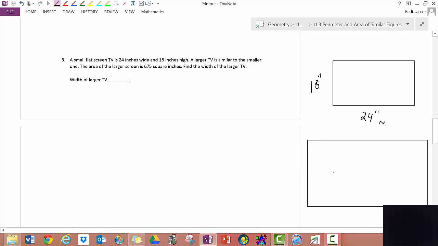The area of this one is 675. Find the width of the larger TV.